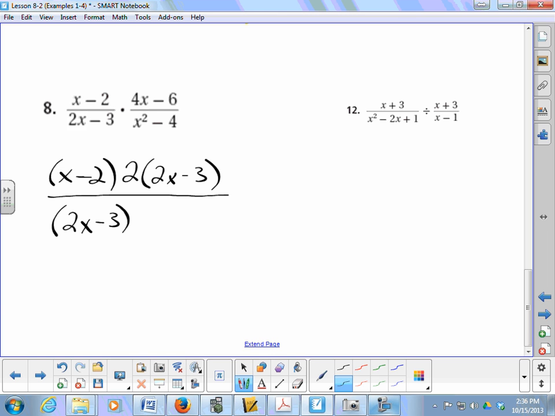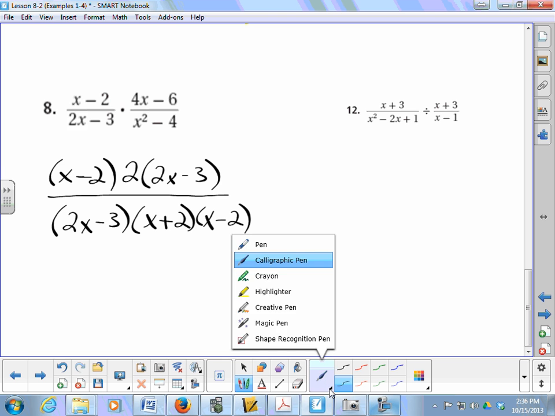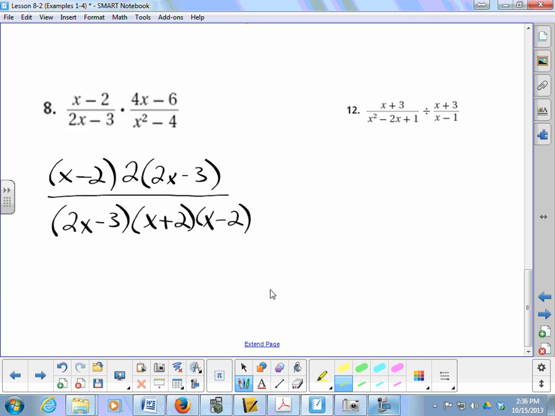What about x squared minus 4? Can I factor that? Remember, that's the difference of two squares. x is squared and 4 is squared. So that's x plus 2 and x minus 2. So we cancel our like factors. Numerator and denominator both have an x minus 2.